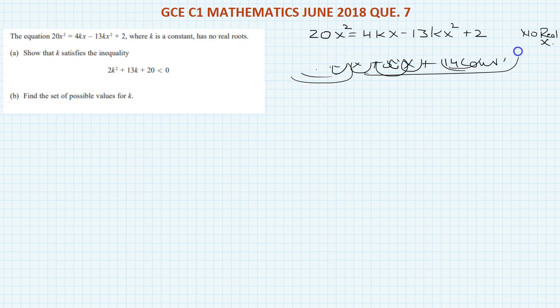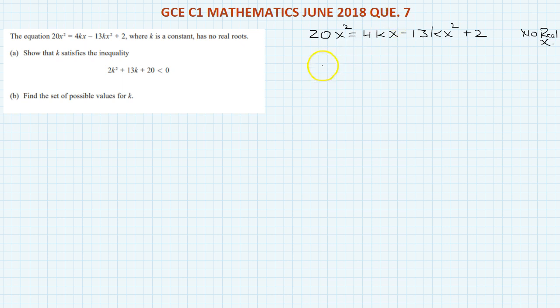So let's write in a standard form. This is 20x square. Now this will come here: minus 13kx square. These are the terms having x square. Now this minus 4kx is the term having x, and minus 2 is equal to 0.